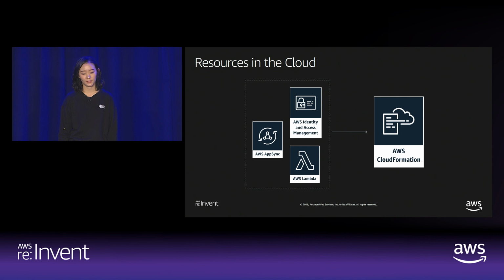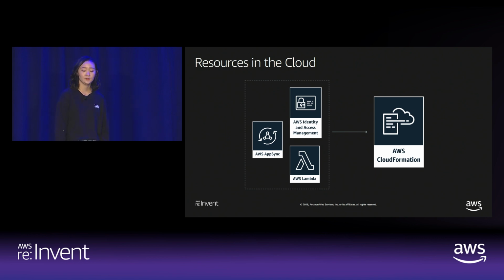It's best practice to manage your resources with CloudFormation because it allows you to model your entire infrastructure in a text file, provisions your resources in a safe, repeatable manner, allowing you to build and rebuild your infrastructure and applications without having to perform manual actions or write custom scripts. And codifying your infrastructure allows you to test your infrastructure just as code.